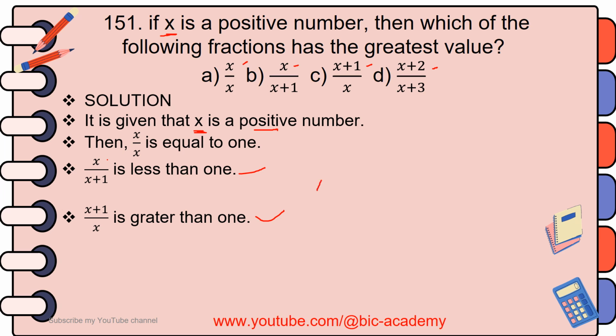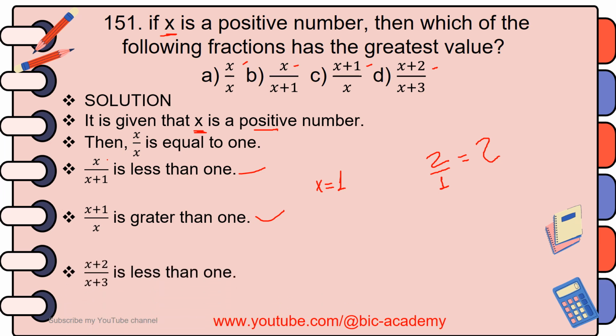Then the numerator x plus 1 is 1 plus 1, which is 2. The denominator is x, which is 1, so you have 2 over 1, and your value is 2, which is greater than 1.